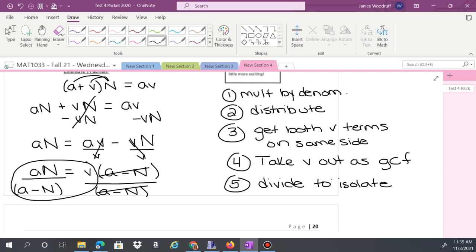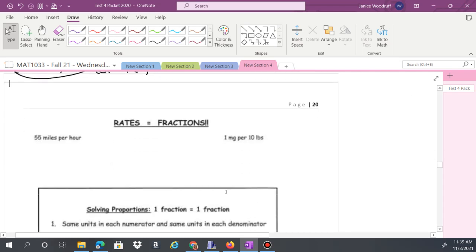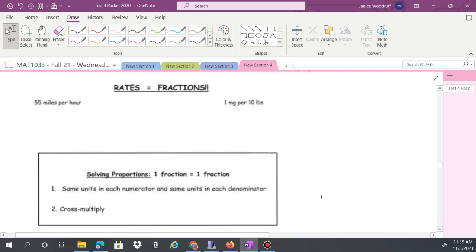Okay, then we're going to look at unit rates. Okay, so rates are fractions. So 55 miles per hour can be written as 55 miles, where per is that fraction bar, 1 hour.